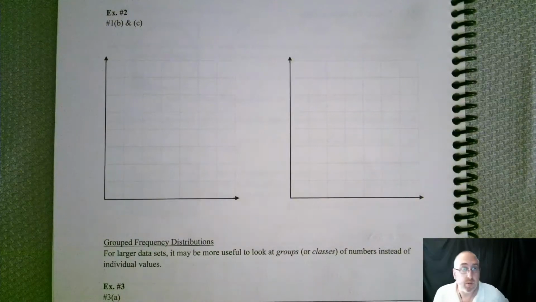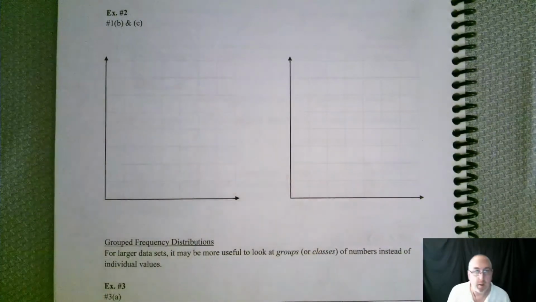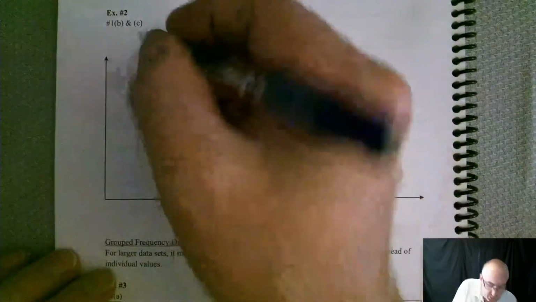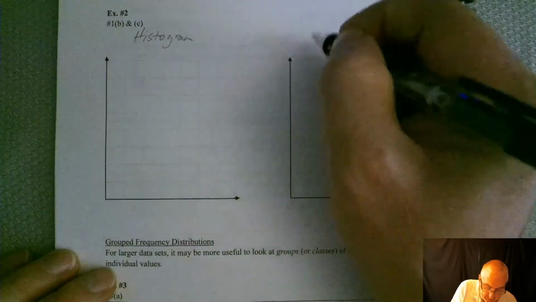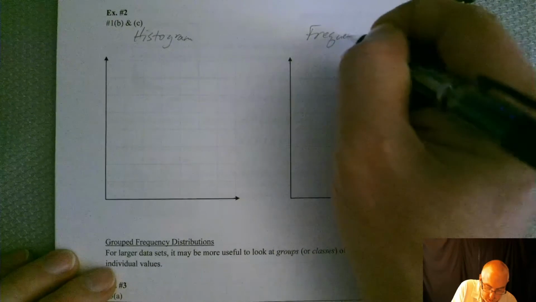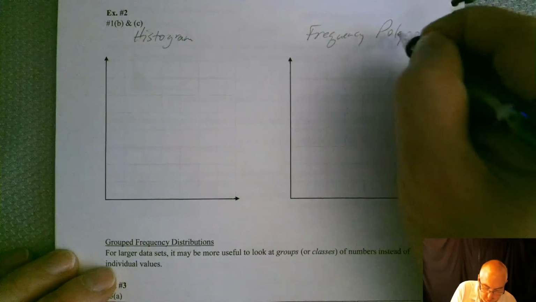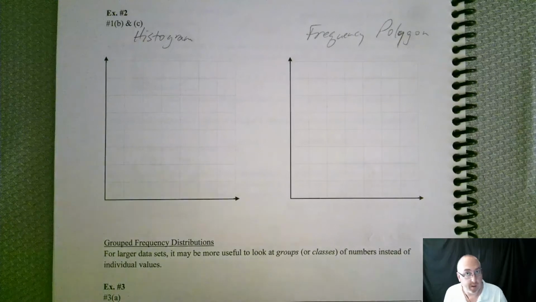Welcome back. So now we're going to look at part B and C for problem number 7, not number 1, for our previous frequency distribution. If we wanted to create a histogram and a frequency polygon, a general way to describe those would be a bar graph and a line graph.